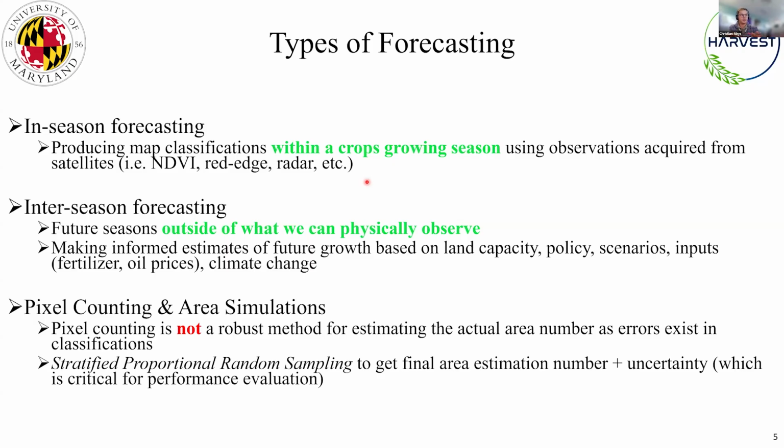Now, in-season forecasting, I think we can all wrap our heads around: we are making a forecast within the crop's growing season. So starting when the crop is planted towards when it goes into senescence and is harvested, I'm making observations using satellite data. I'm building maps, and then I'm validating those maps with sample points.